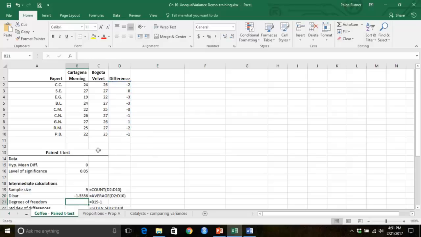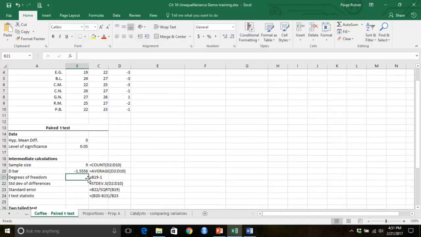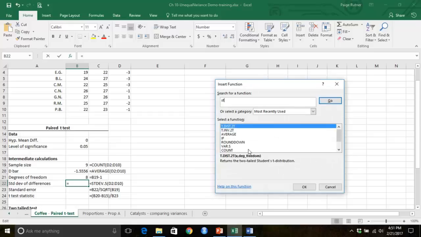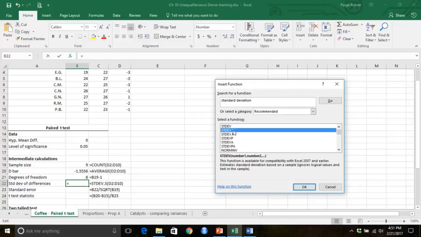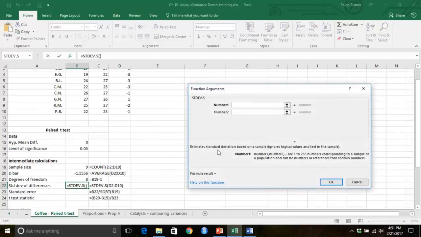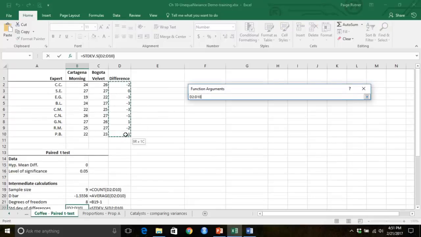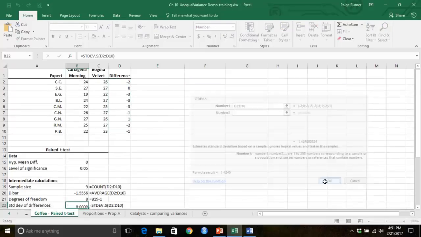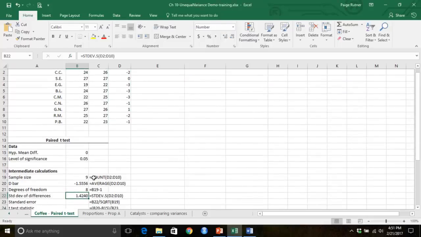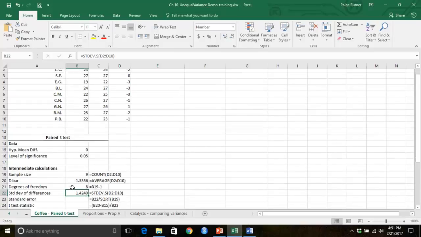So that is d bar, or the mean of the sample differences. Degrees of freedom is sample size minus 1. And then the standard deviation of the differences, I can compute with my standard deviation formula for a sample. So STDEV.S is the function that I'm using here. And I just want the standard deviation of that group of differences. All right, so that's kind of my starting data here.